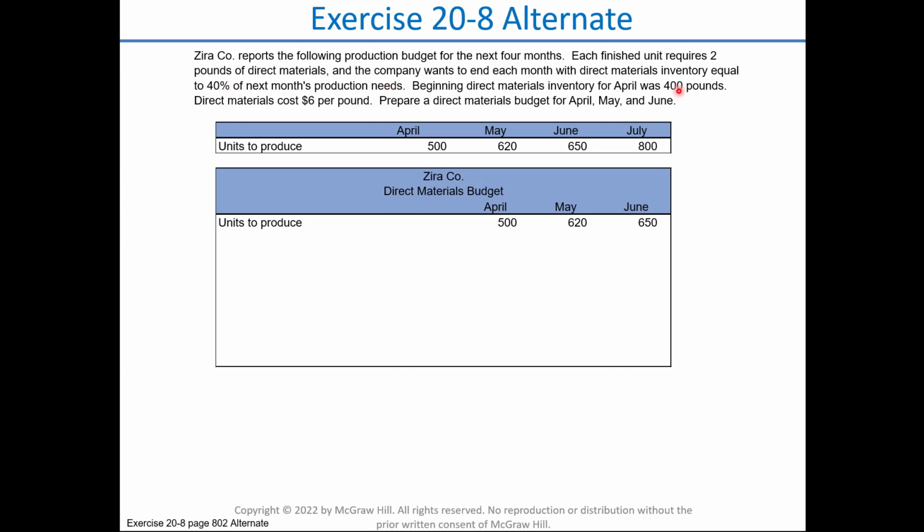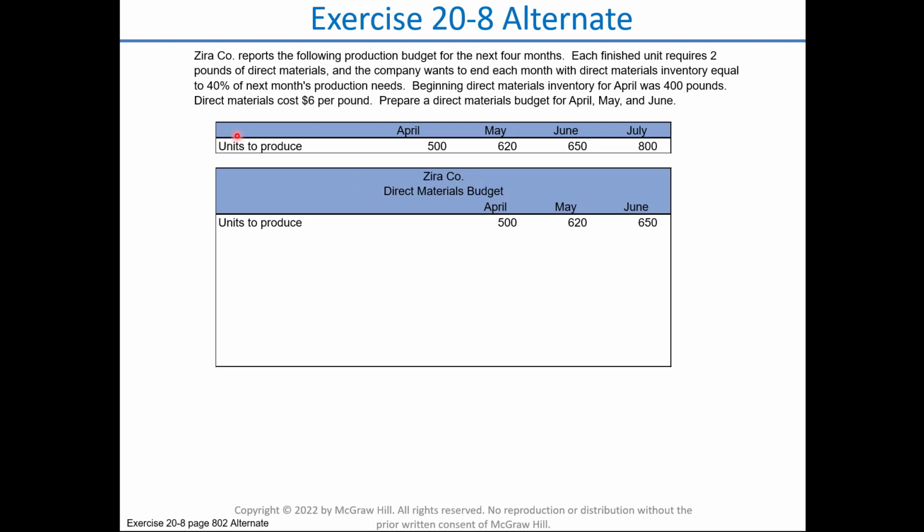The beginning direct materials inventory for April is 400 pounds. So again, this information they have to provide to you. The cost per pound is $6. We will prepare direct materials budgets for April, May, and June.